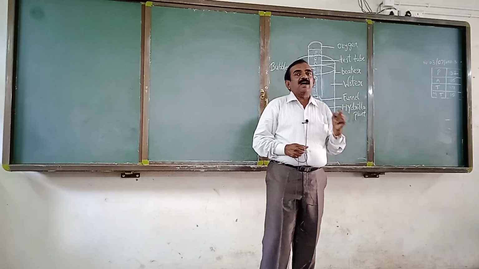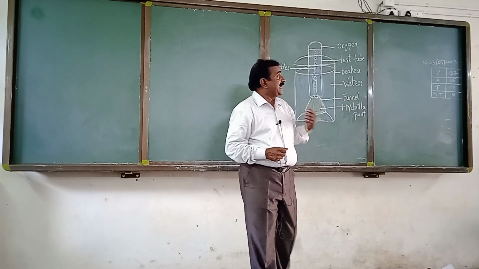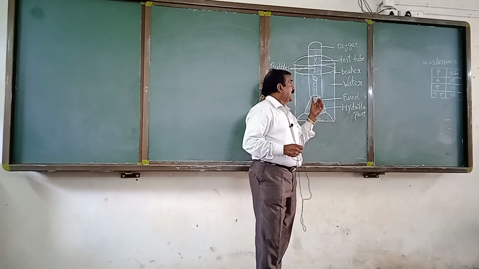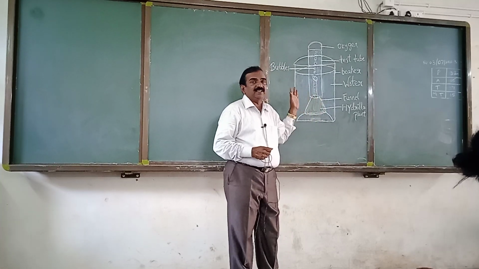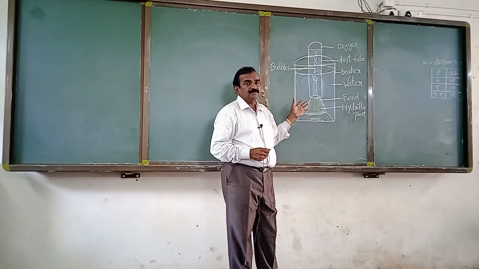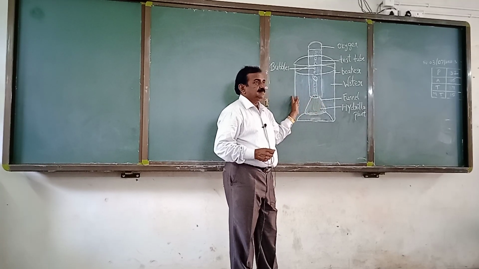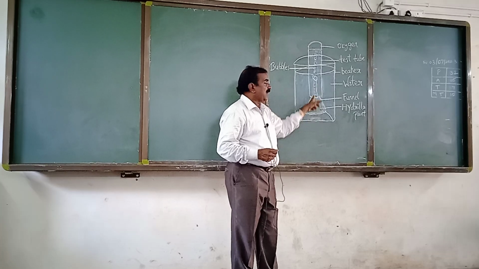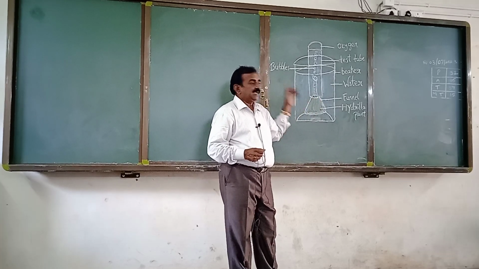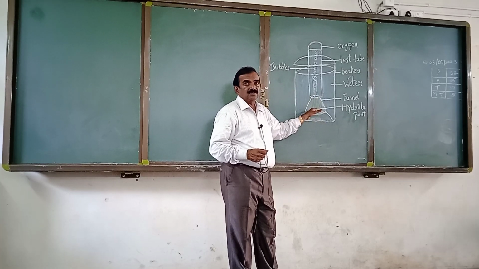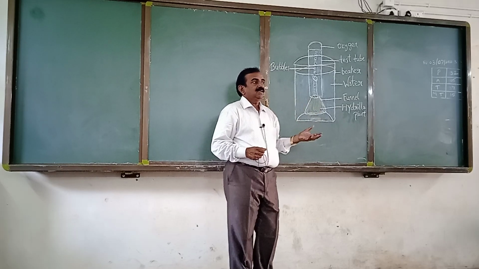Okay, now I am asking a simple question. Name the materials required to do this activity. Come on, say the materials required. Very good: glass beaker, test tube, water, funnel, and Hydrilla. Once again, repeat.